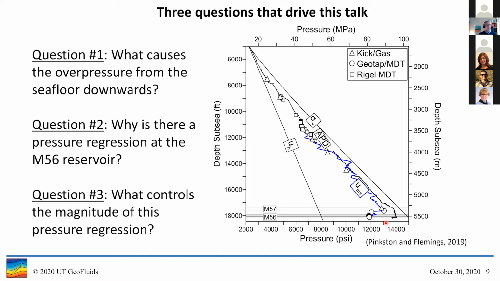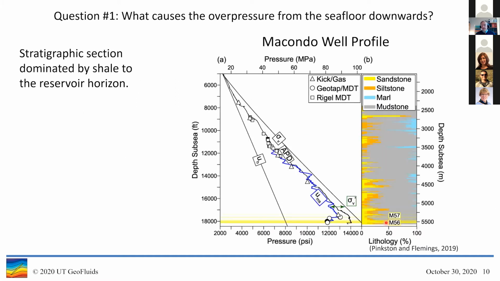Okay, so the first thing you've got to know is that at Macondo, from the seafloor down to the M56 horizon, the sedimentary section itself was extremely shale prone. In other words, there were very few sandstones. It is low permeability. And secondly, it's also immediately in front of the Mississippi Delta.